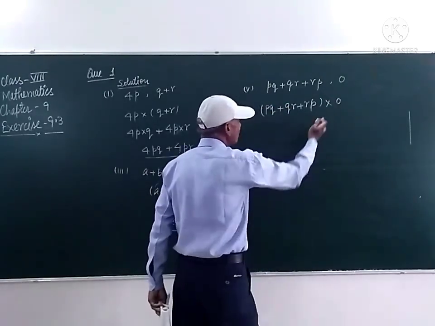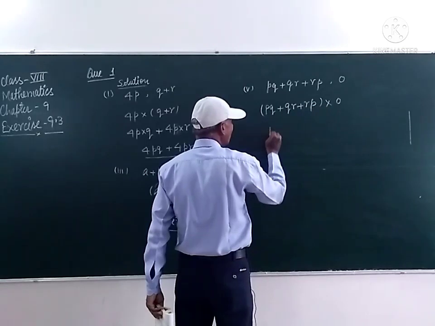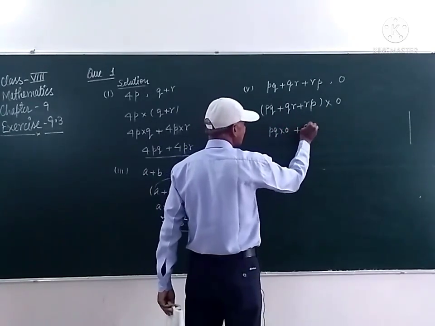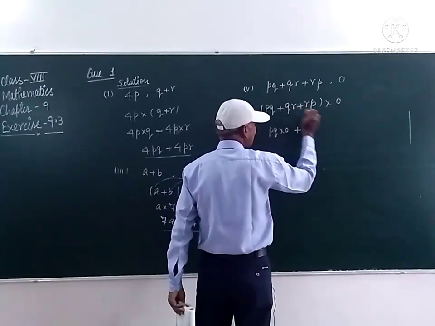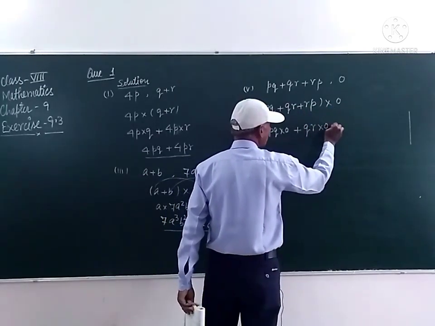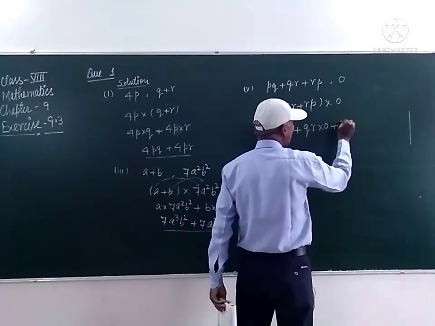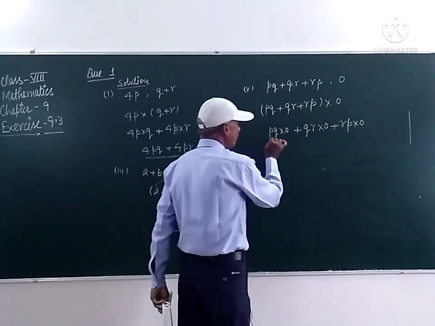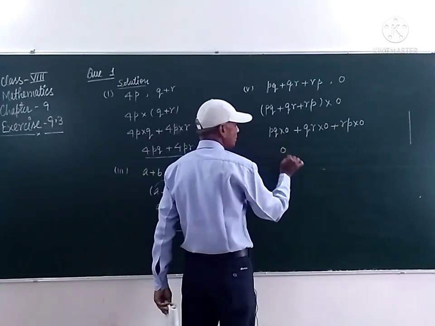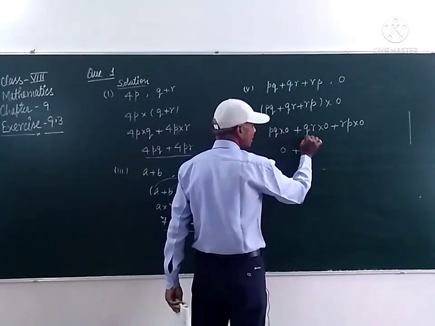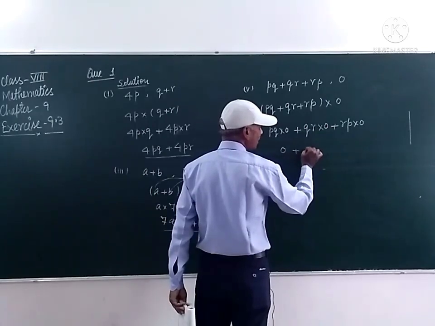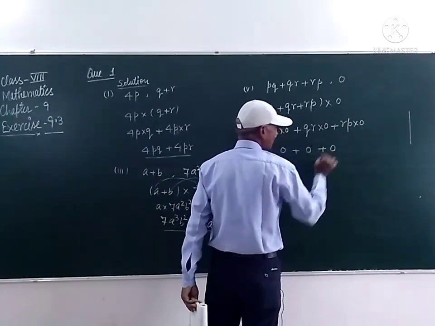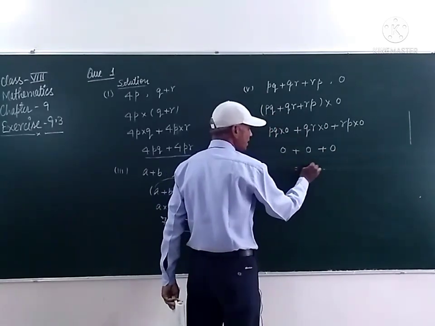Clear, students? So PQ into 0 plus QR into 0 plus RP multiplied by 0. PQ multiplied by 0 will be 0, plus QR multiplied by 0 will also be 0, and plus RP into 0 is 0, students. So the answer is 0.